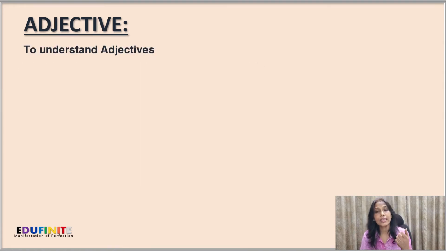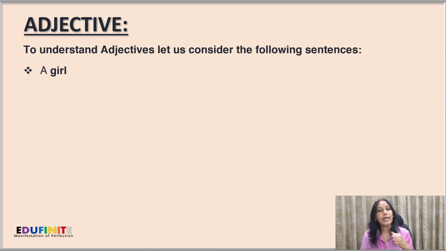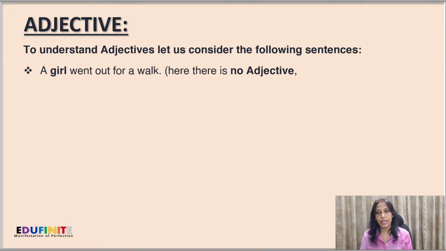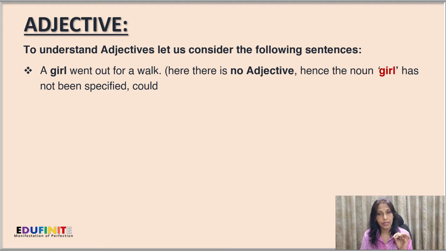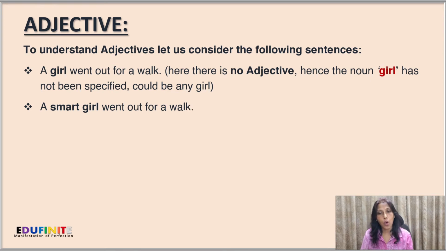Now, to understand the adjectives, let us consider the following sentences. A girl went out for a walk. Here, there is no adjective. Hence, the noun girl has not been specified. Could be any girl. Now, the next sentence, a smart girl went out for a walk.